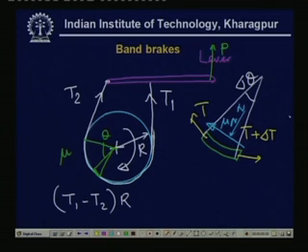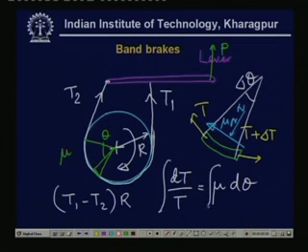If you calculate the force balance, you get the following relationship: dT by T is mu times d theta. When we integrate from theta 1 to theta 2, where theta is measured from this point, theta 1 is of course 0, and this goes up to this point, the entire angle, theta 2.